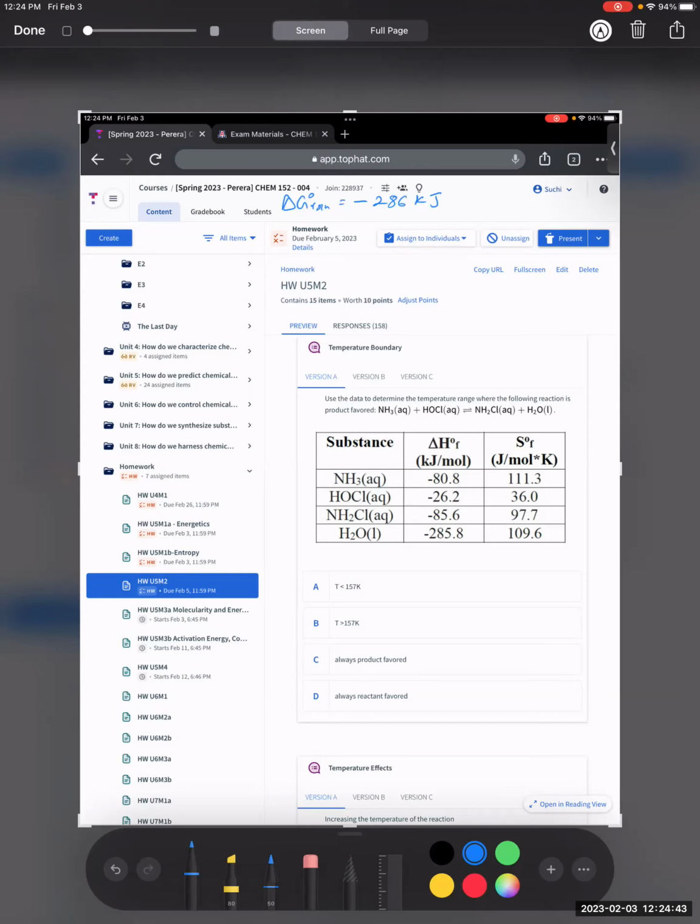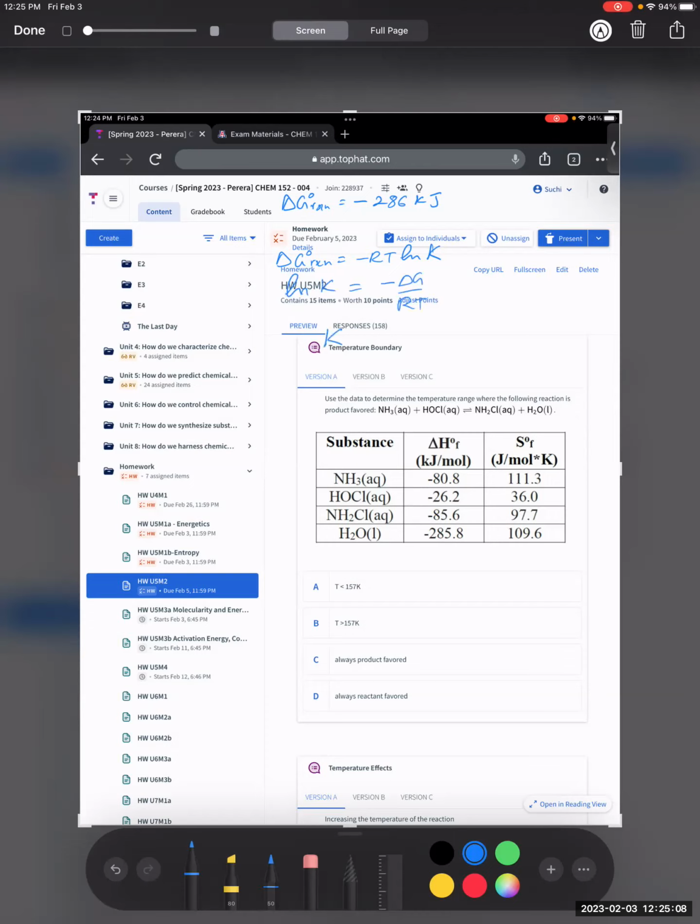Now we know delta G naught reaction is minus RT natural log of K, and therefore natural log of K is minus delta G over RT.